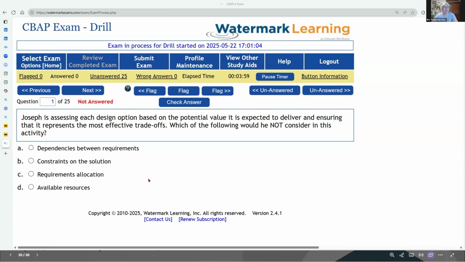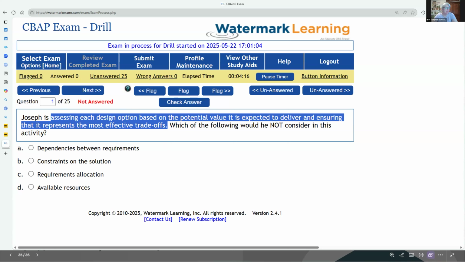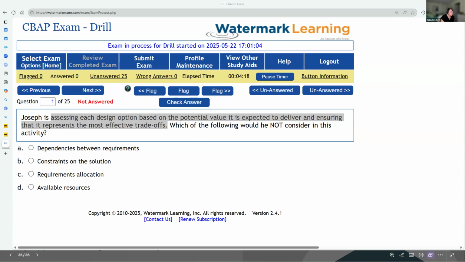Question 1. Joseph is assessing each design option based upon the potential value it is expected to deliver and ensuring that it represents the most effective trade-offs. Which of the following would he not consider in this activity? So first of all, which task is this? That's in the define design options.